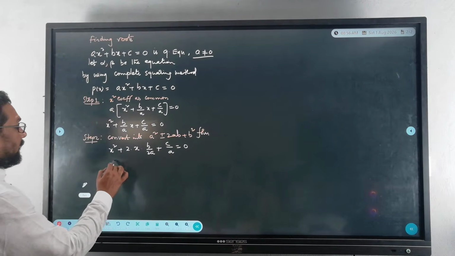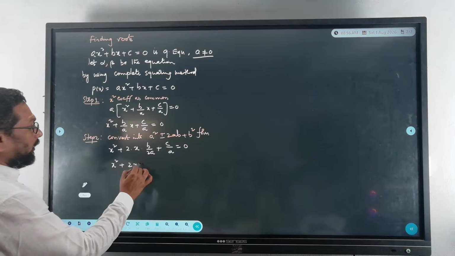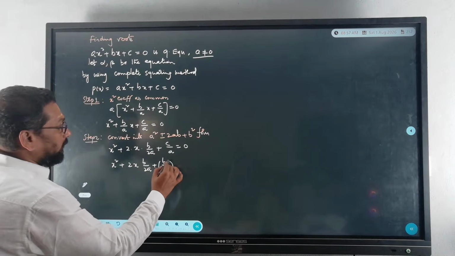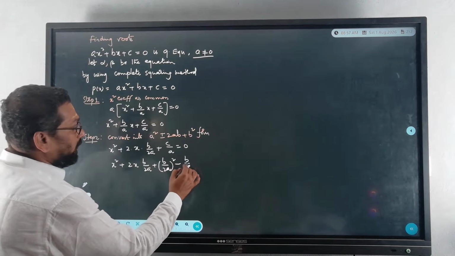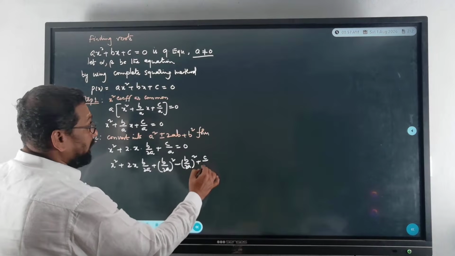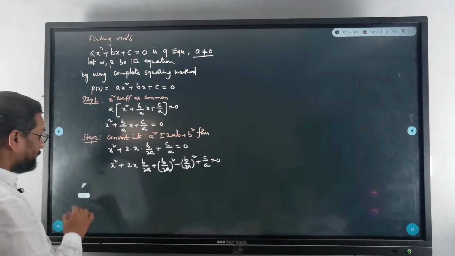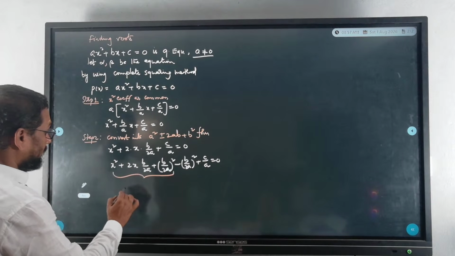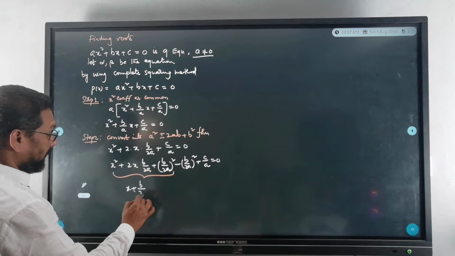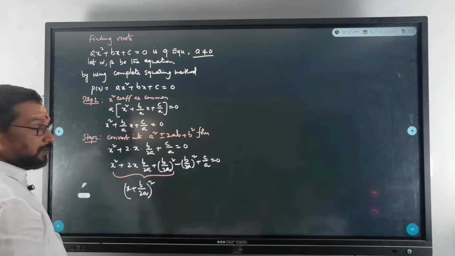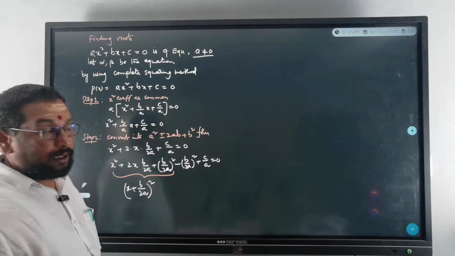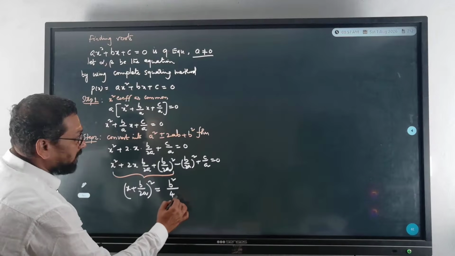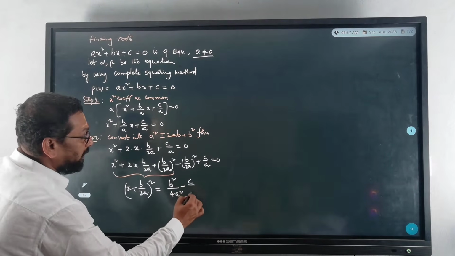సో x square plus 2xb by 2a plus b by 2a whole square minus b by 2a whole square plus c by a equal to 0. So now this part is nothing but x plus b by 2a whole square. x plus b by 2a whole square is equal to b square by 4a square minus c by a.